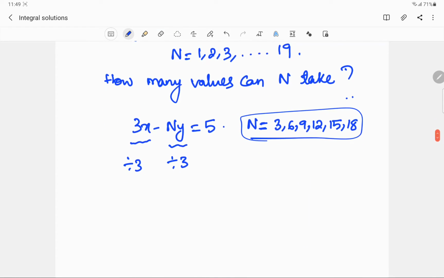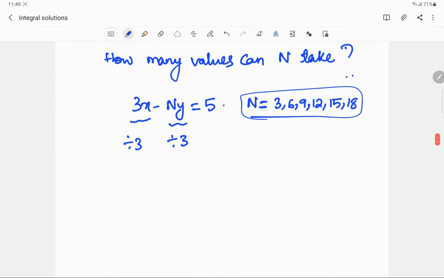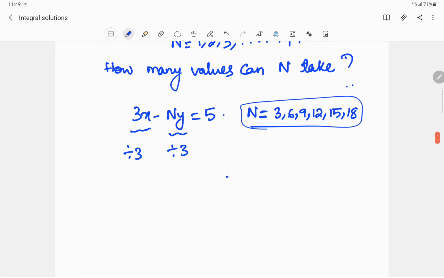Now we'll compare these two questions. In the earlier question, the given equation was 4x minus ny is equal to 137, and in this question it is 3x minus ny is equal to 5. In the earlier question we applied step 1, where we checked whether it is divisible by 4 or not, and found that we need to take n as multiples of 4.